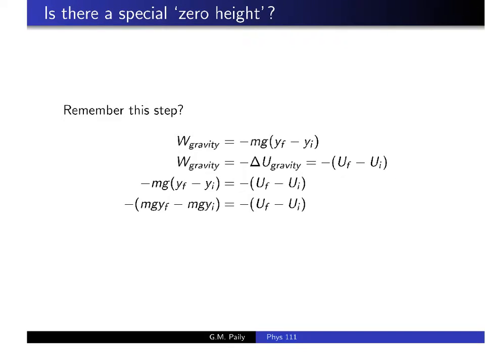There's the minus sign outside. And we previously found the work done by gravity, and that was minus mg times y final minus y initial. And then we set both sides equal to each other, and we compared, and we saw that, okay, it made sense if U final was the same as mg y final, and U initial was the same as mg y initial. This was covered in the previous videos, so make sure to take a look at that.